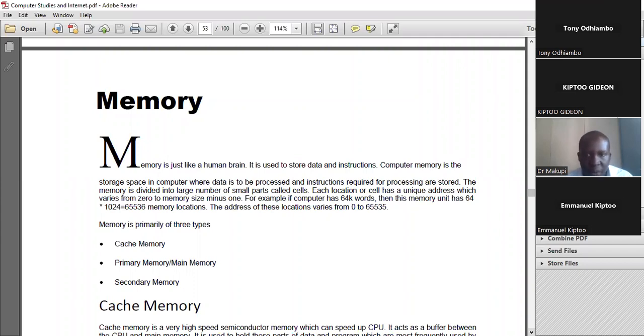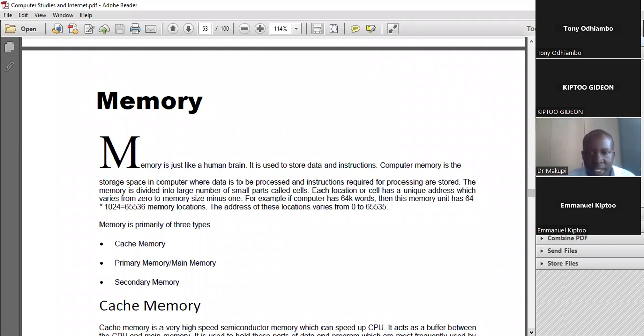So 64K word multiplied by 1024 gives you 65,536 memory locations. Remember I said that the number of addresses, or memory locations, would be memory size -1. So 65,536 -1 gives you 65,535.